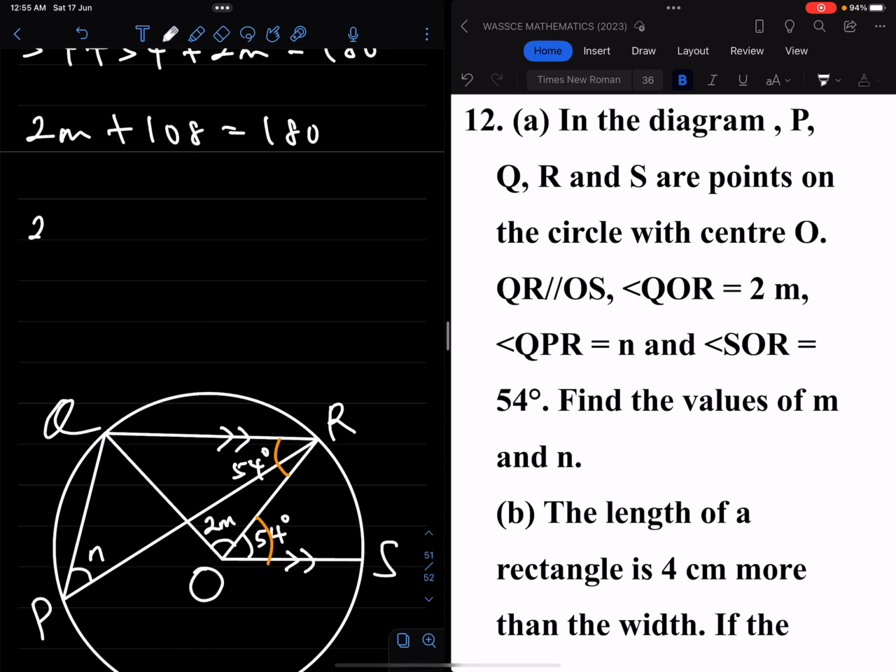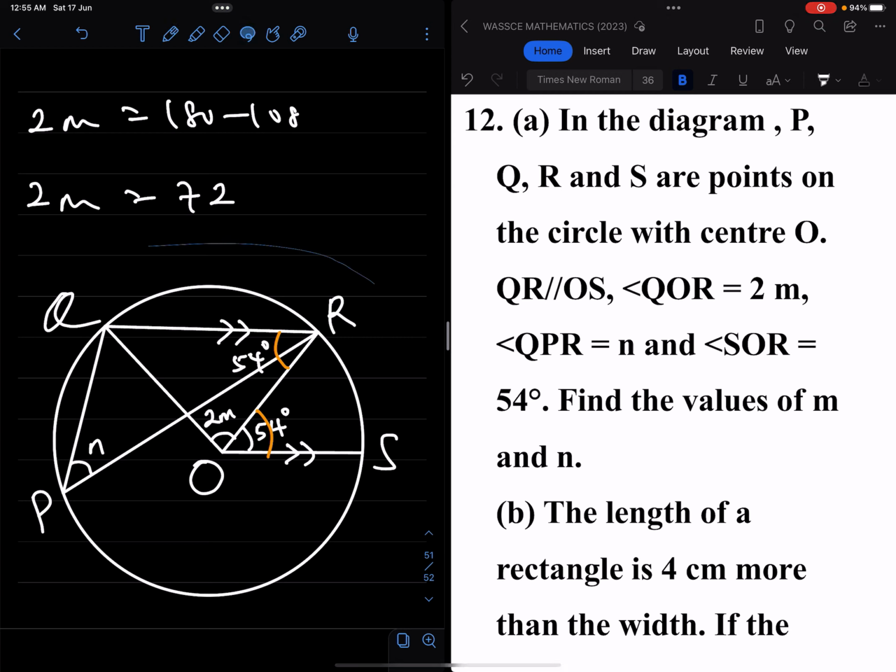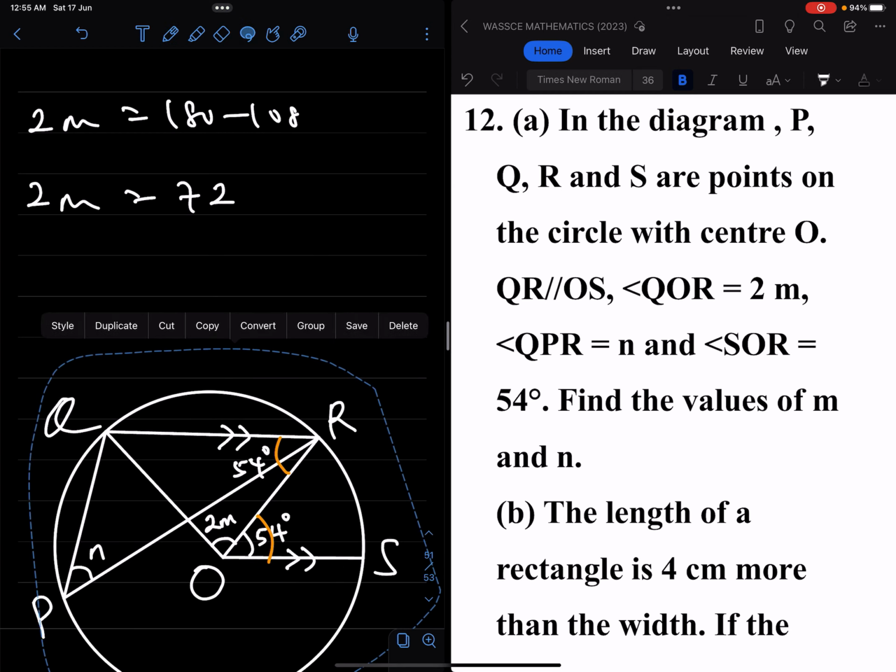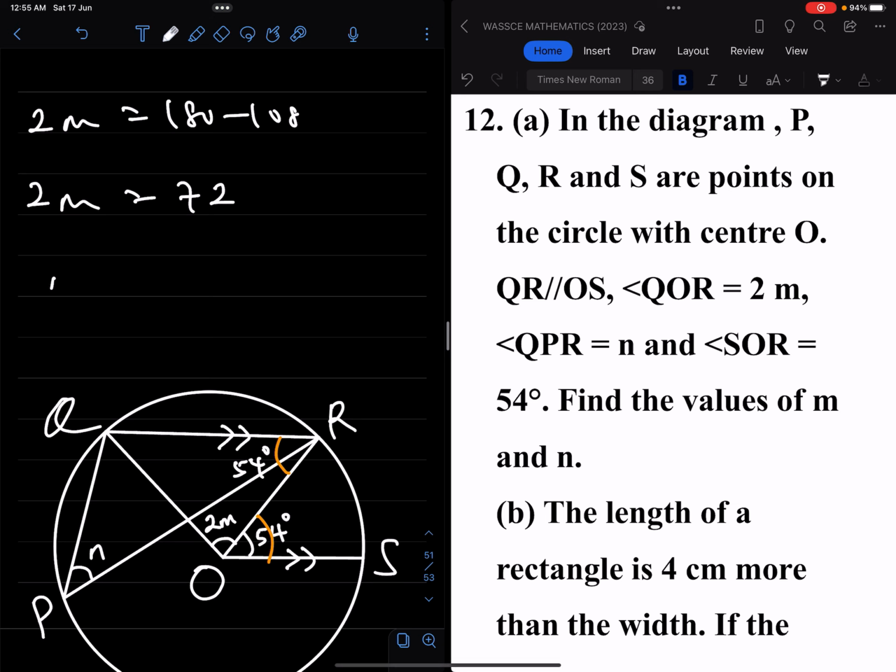That simply means 2M equals 180 minus 108, which means 2M equals 72, and that therefore means M is equal to 36 degrees.